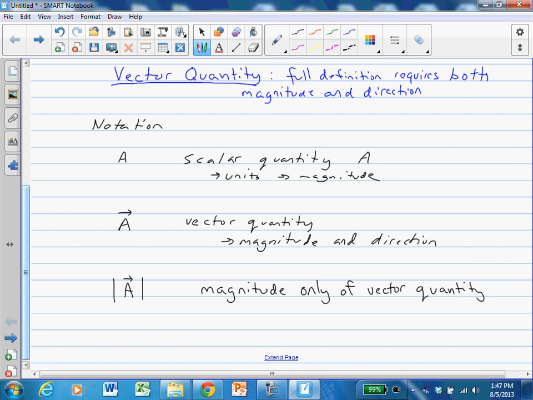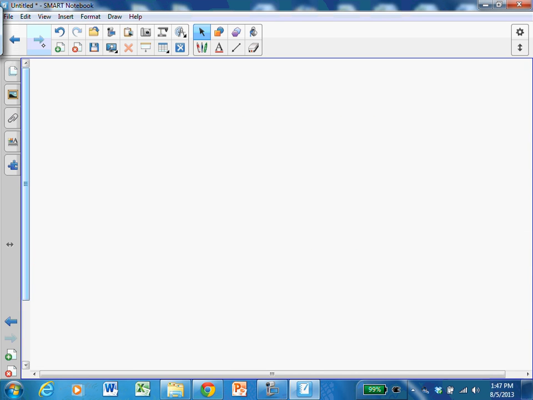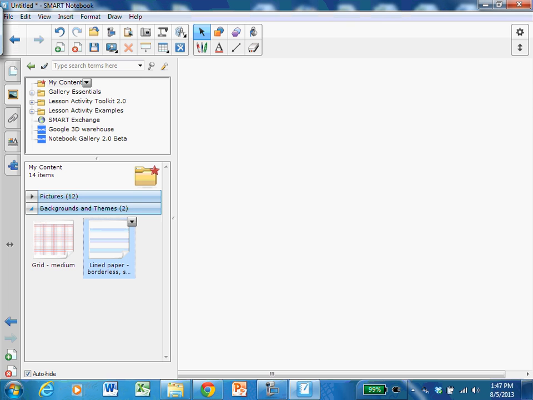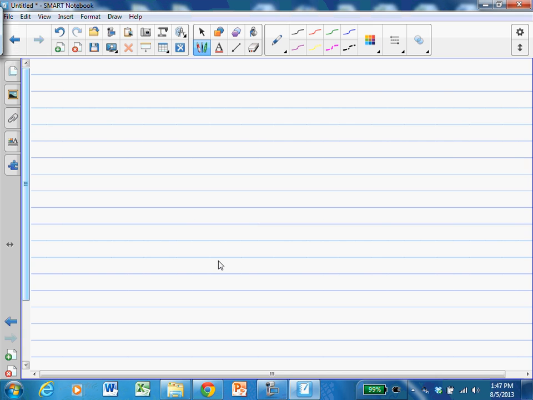Let's look at an example with position, distance, and displacement. Okay, so where something is tells us its position.